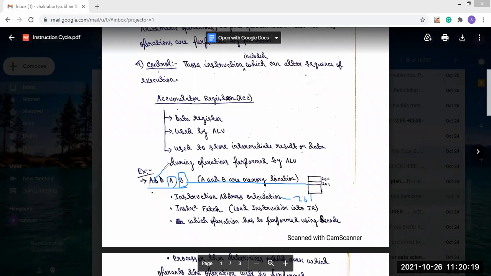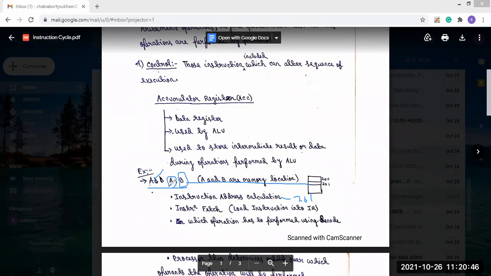Now, what is the next step? The processor then determines which operations will be performed. We know what operations we have to perform, but over whom these operations will be performed, we determine in the next step.